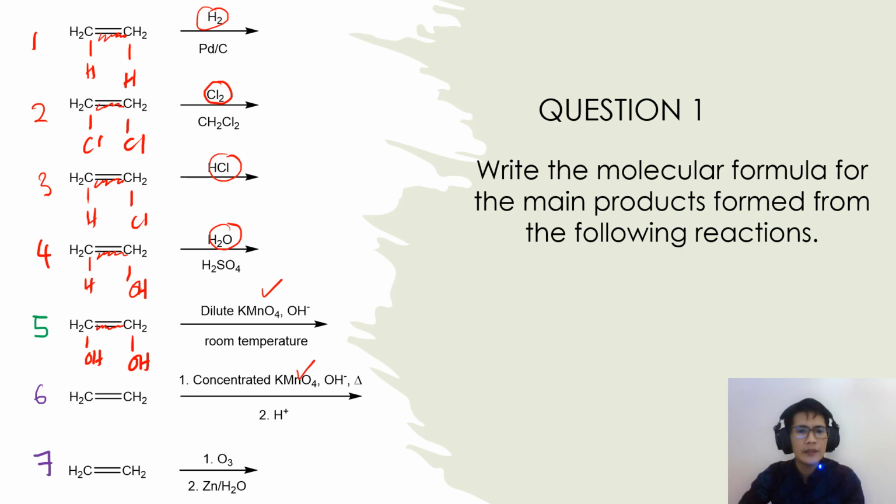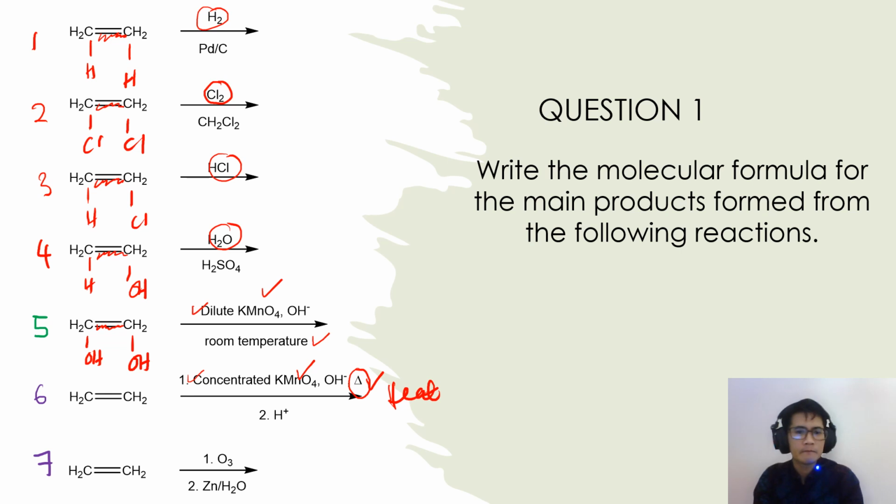But the difference is, number 5 is dilute KMnO4, number 6 is concentrated KMnO4. And number 5 is done at room temperature or below, in cold condition, but number 6 we need to heat. Delta is the heat.